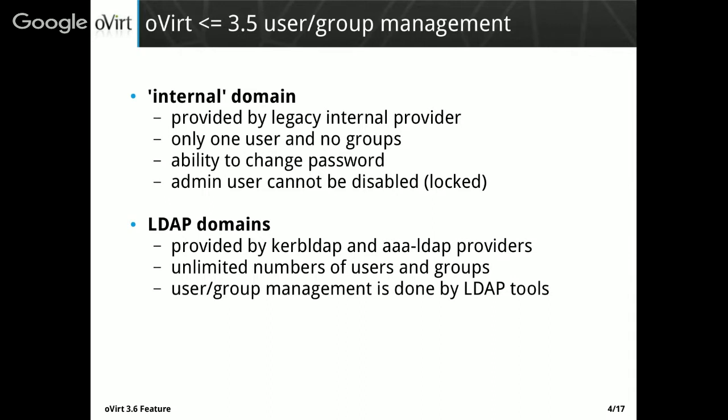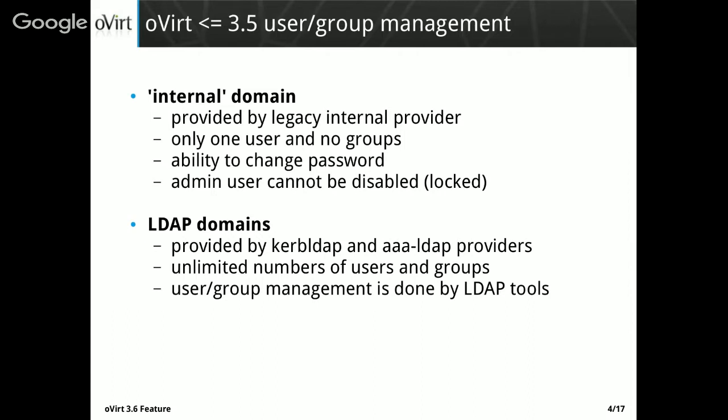Prior to oVirt 3.6, we had the following options to manage users and groups. By default, after installation, the so-called internal domain was pre-installed and configured. This domain contains only one user, admin, which enables you to log in to the web admin or user portal, and it was the only user that you needed to start with.